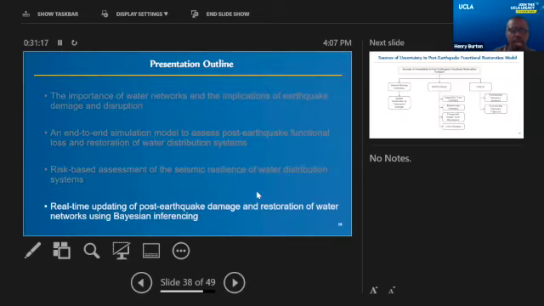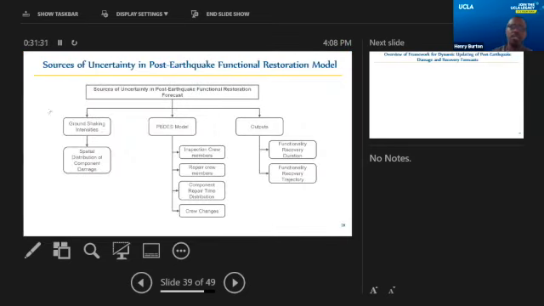Okay, so in these last few minutes, I'm going to talk a little bit about how we developed a framework to use data collected during the recovery to update our predictions of the recovery trajectory over time. I mentioned that we have all of these sources of uncertainty that we considered, and here it's a little more disaggregated in terms of the type of uncertainty.